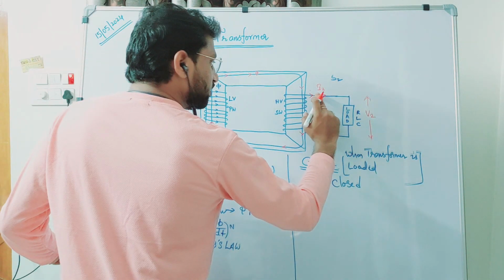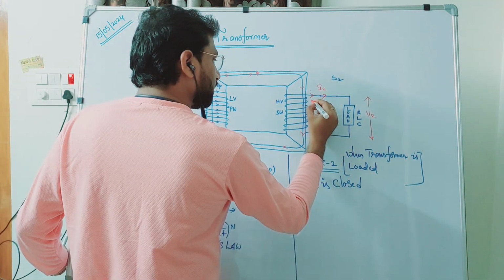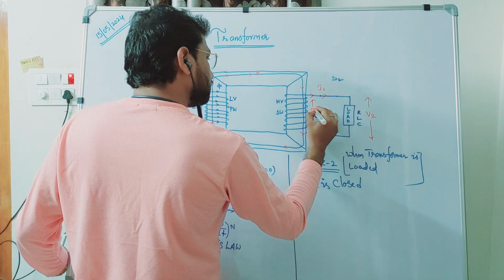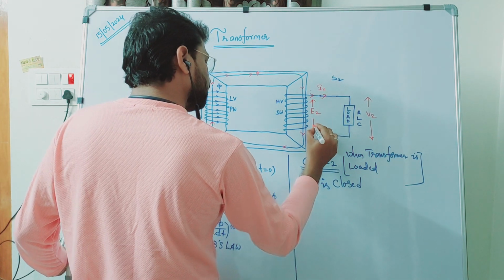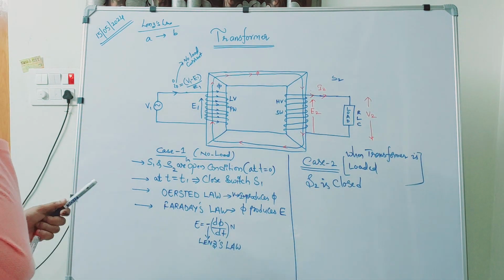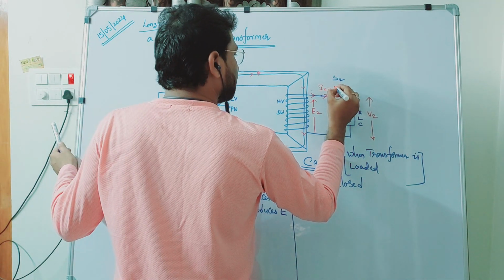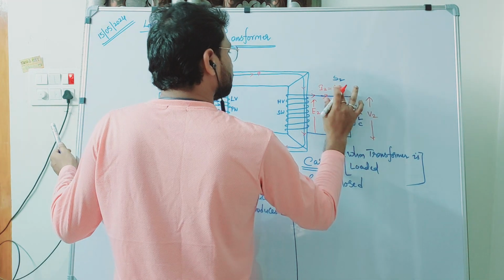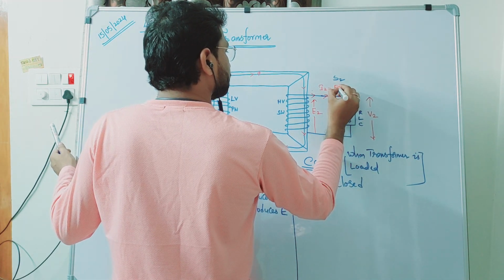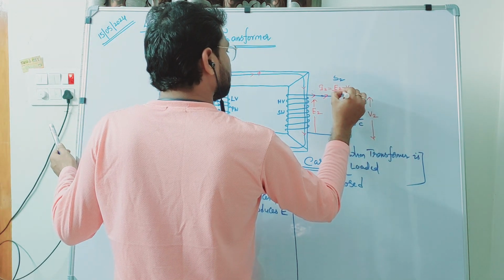Now this I2 will circulate in the secondary winding, which will produce an EMF E2. And the current I2 is nothing but E2 minus V2 divided by Z2.